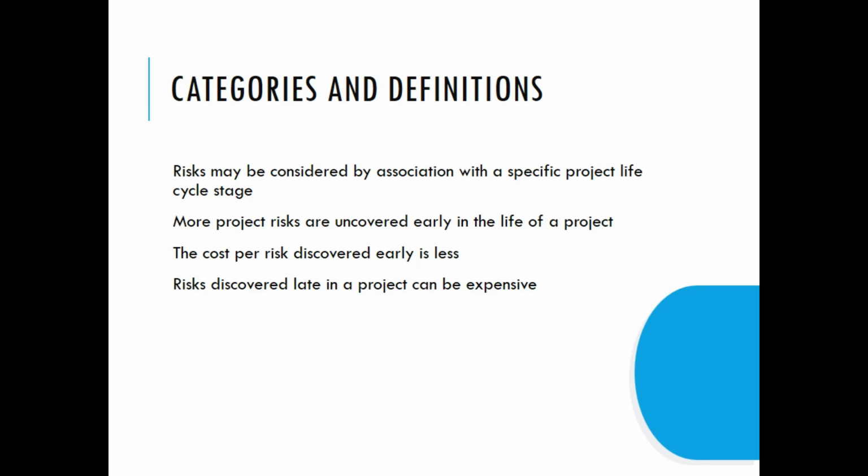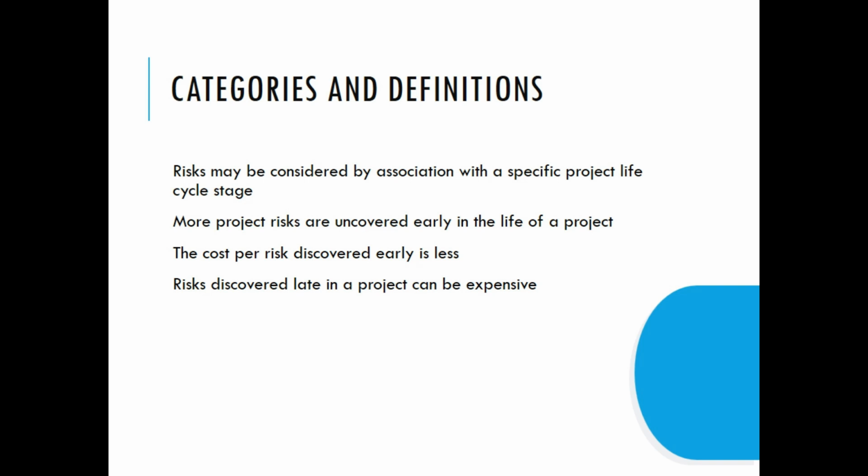More project risks are uncovered early in the life of a project, and a risk uncovered late in a project can be expensive. The cost per risk discovered early is less. In fact, the further we go in the project life cycle to find the risk, the cost of the risk increases exponentially because we might have to undo a lot of things in the project if a risk is discovered during the execution phase or during the closure phase.